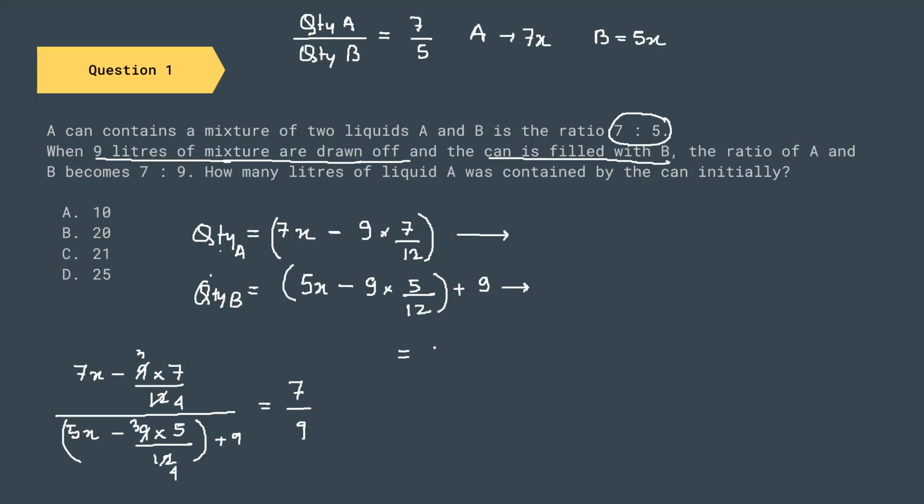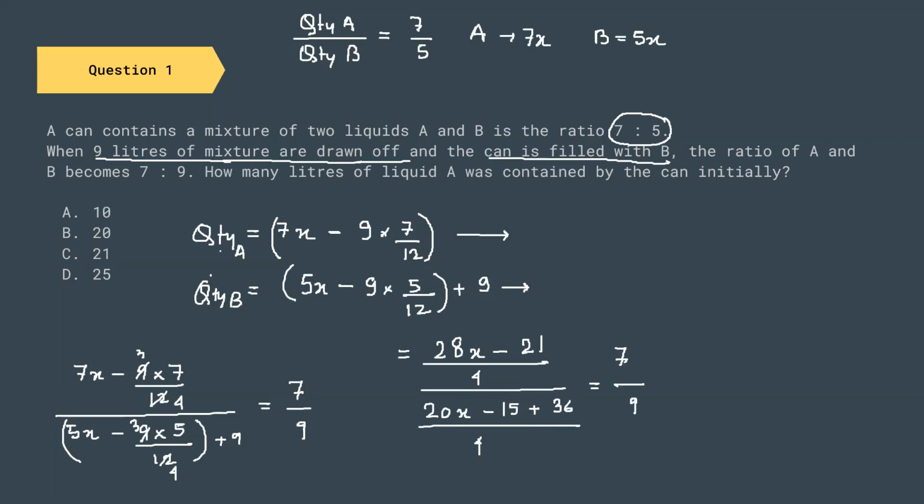So after this simplification, we will have 28x minus 21 by 4, and in the next step this will be 20x minus 15 plus 36 by 4, and that will be equal to 7/9.